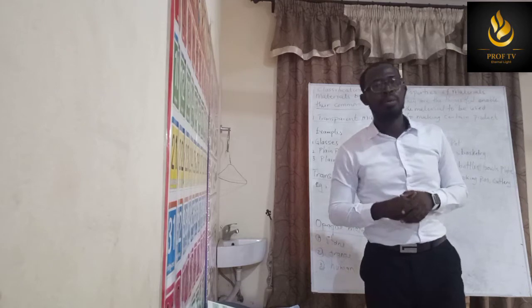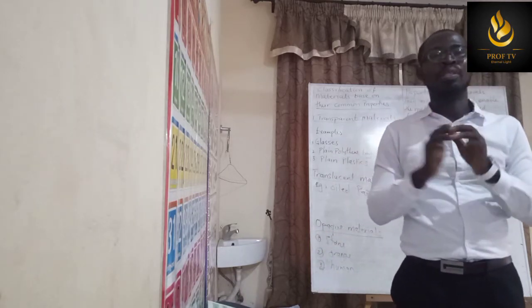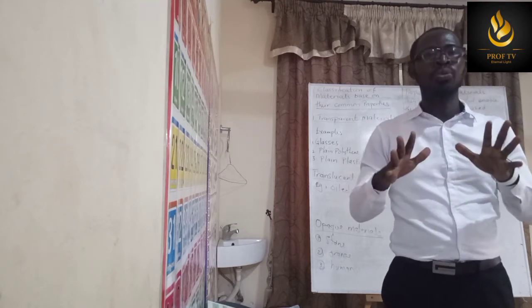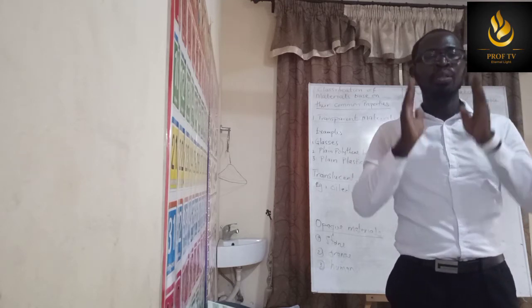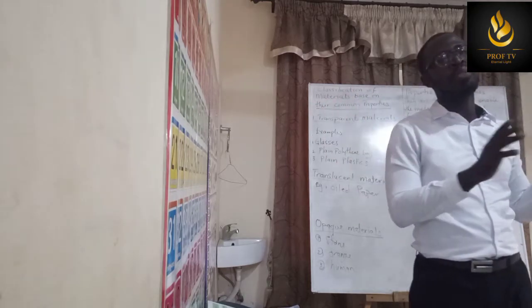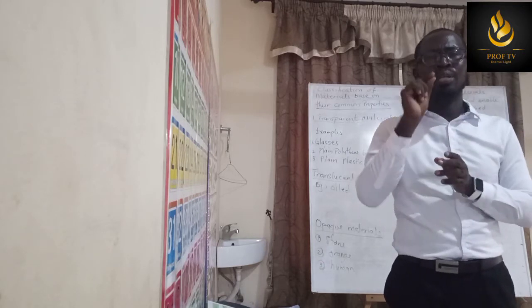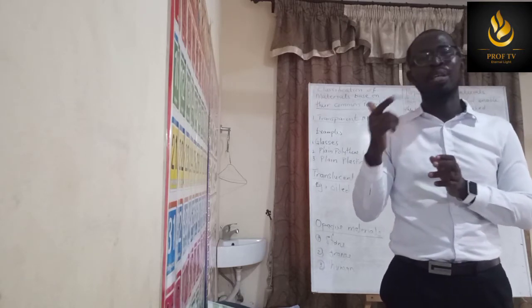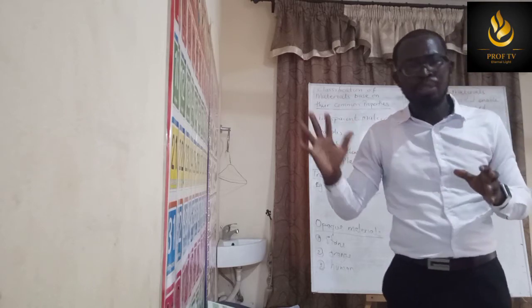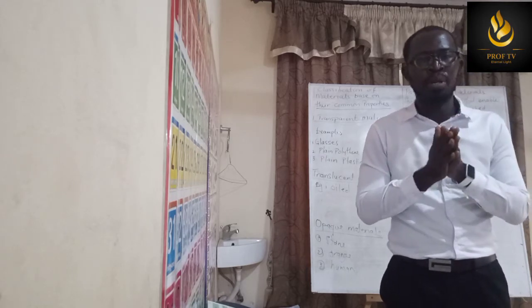So what is a transparent material? A transparent material is any material that allows more light to pass through it. Very little of the light is deflected or reflected, but the majority of the light passes through that particular material.